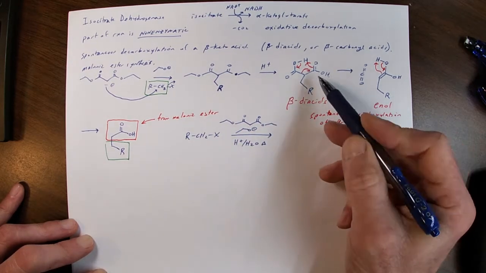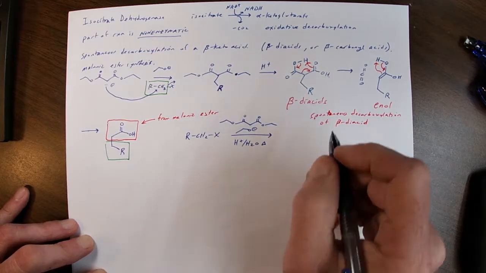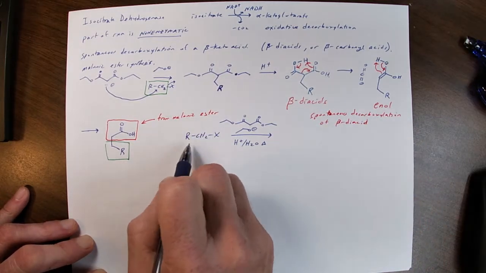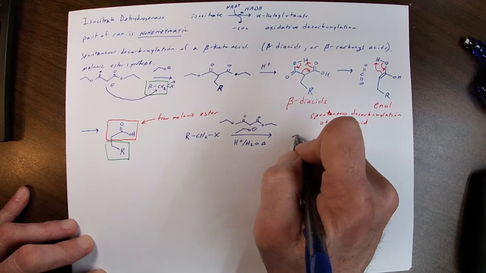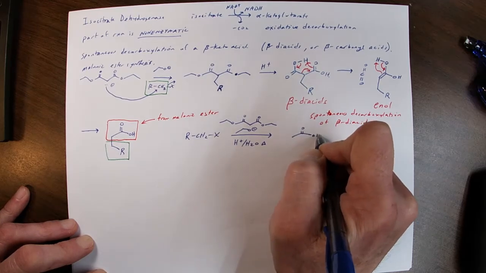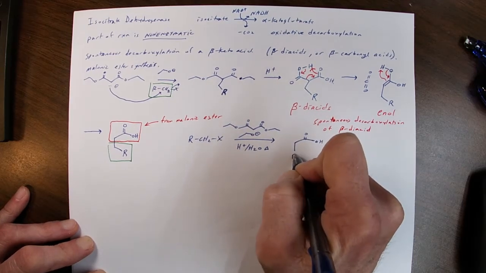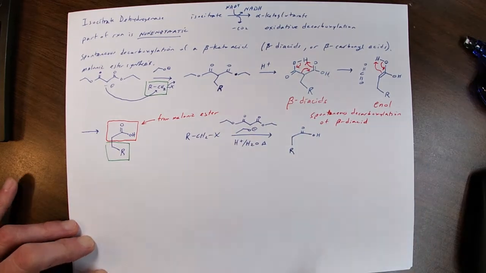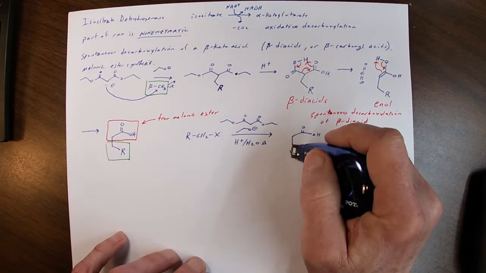You have to heat this up to do the hydrolysis of the ester. So the net is that you've added this alkyl group to 2 carbons. Okay, so, oh, just trying to show that that's primary.